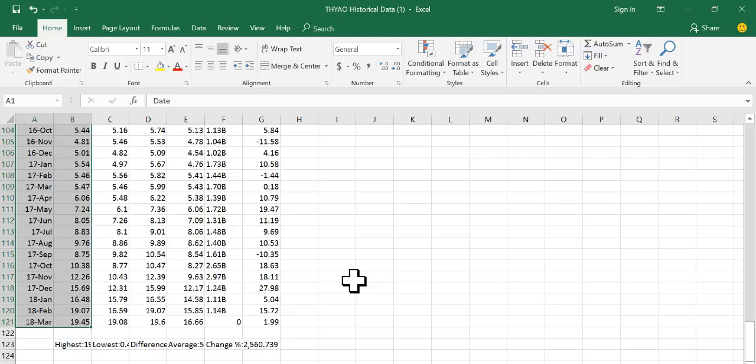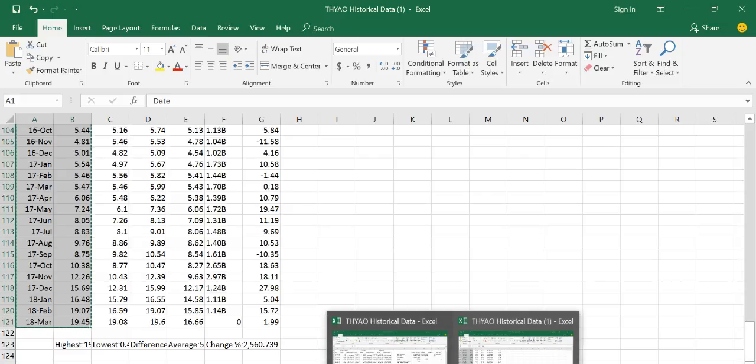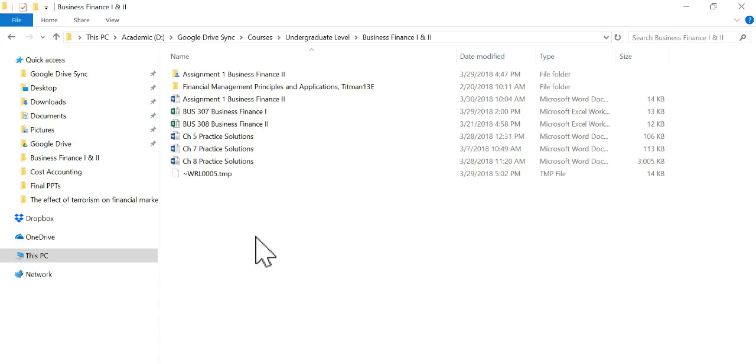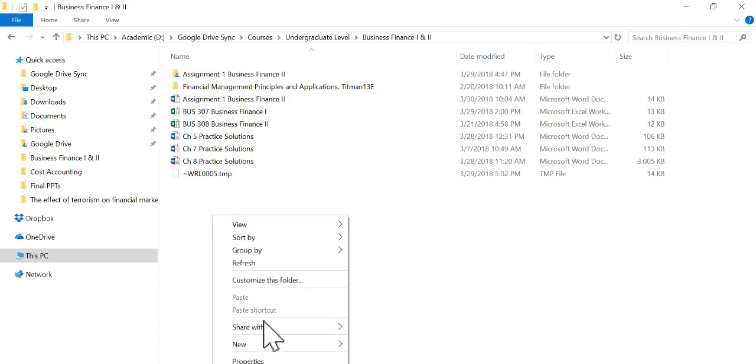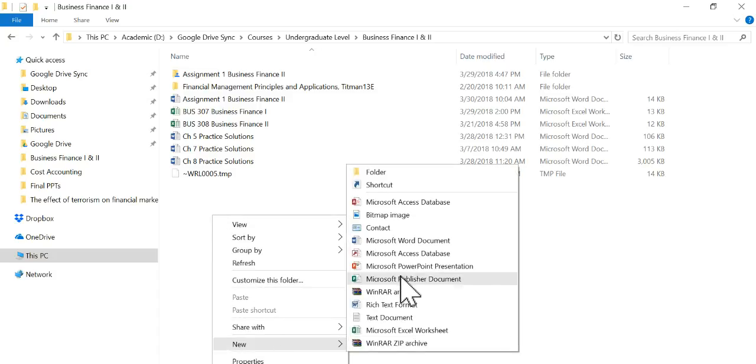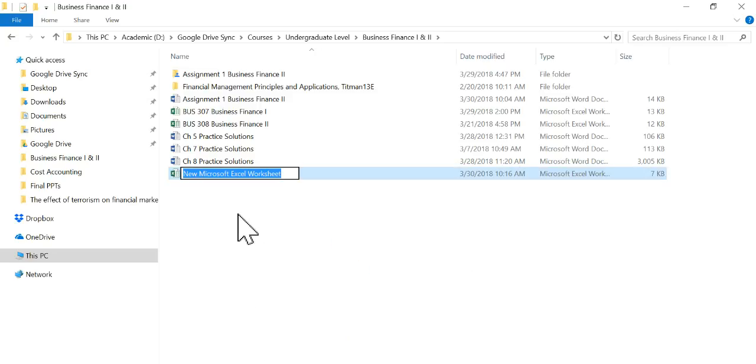So you just press Control C, copy, or you can do it from here, copy, and then you will open a new Excel file, in any drive, wherever you want. So here, click here, and this Microsoft Excel file. I'm going to open it.